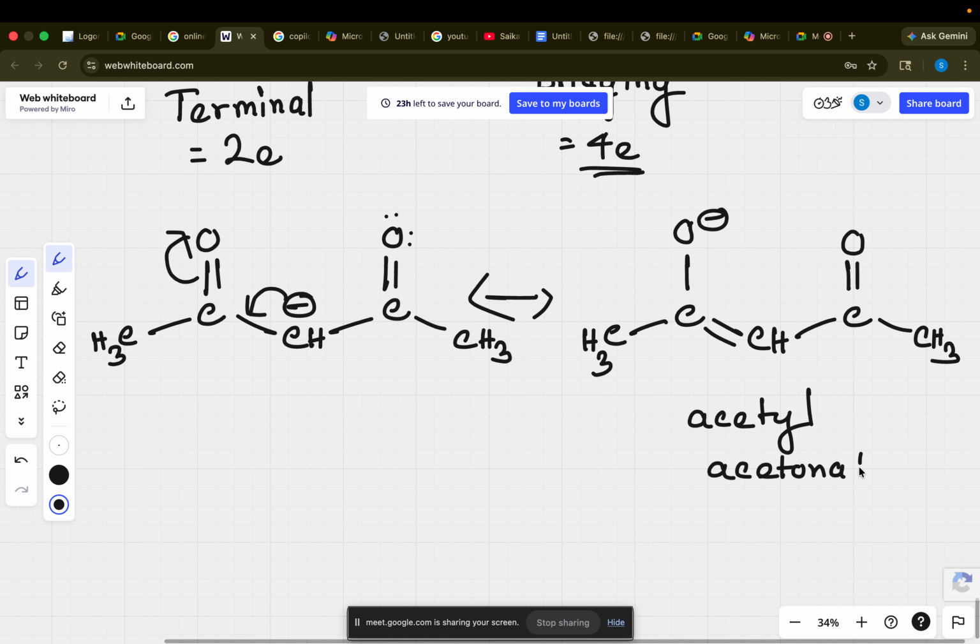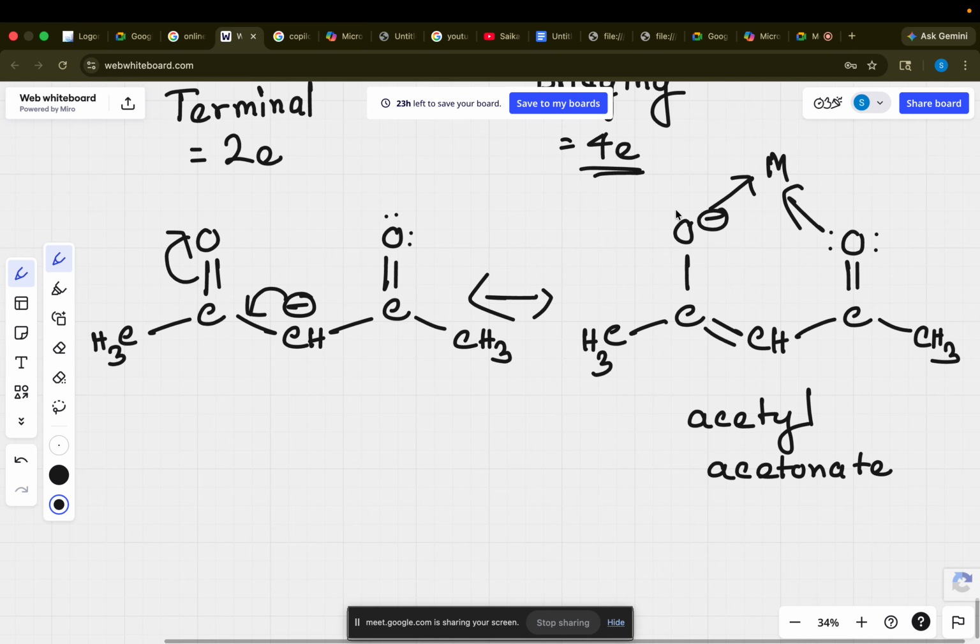Now suppose you have a metal center, so it is donating electrons, it is also donating electrons. Can you tell me how many electrons it is donating? 4 electrons, right?